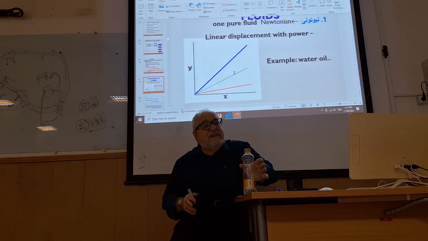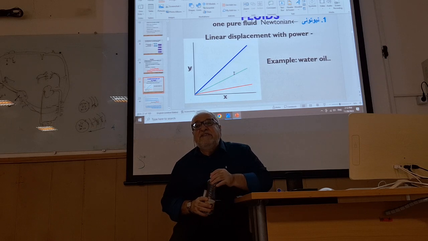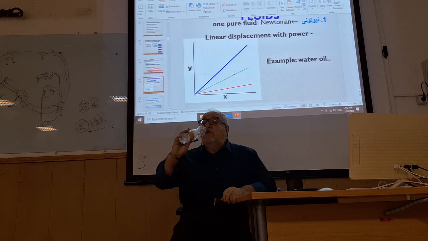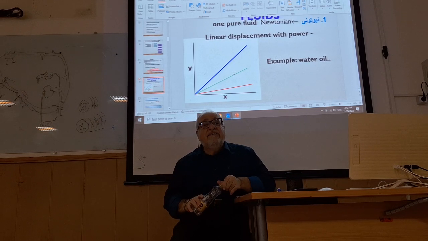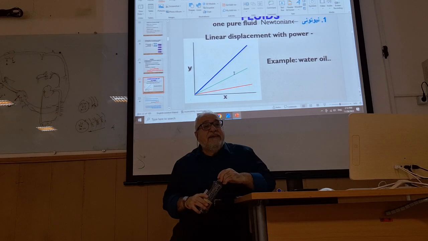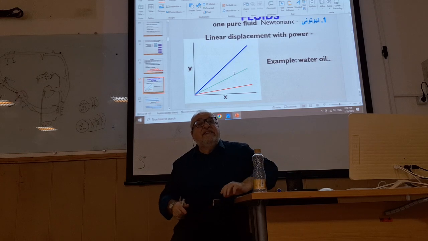Therefore, there are many different kinds of cells, which makes it a non-Newtonian system. In this non-Newtonian system, by increasing the pressure, the movement doesn't increase linearly.